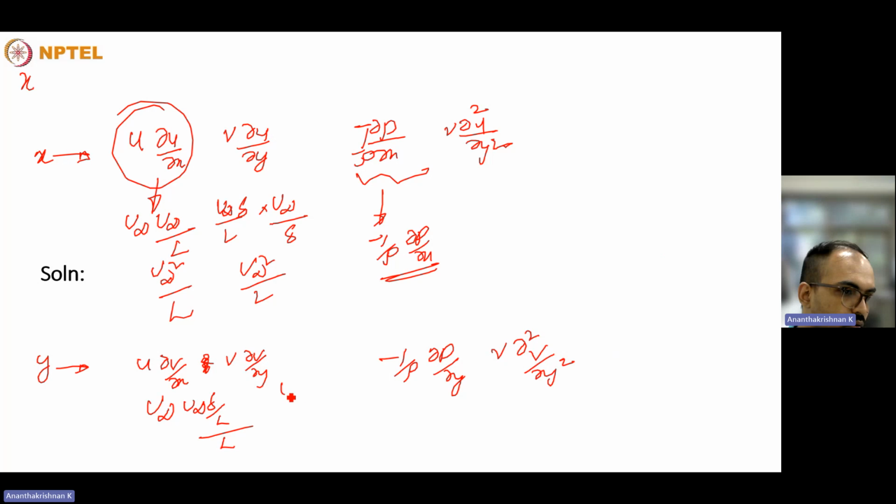It will be u∞ delta by L, u∞ delta by L divided by y, which will follow delta. So basically it will become u∞² delta divided by L, and similarly we'll get it in the form of u∞² delta divided by L².